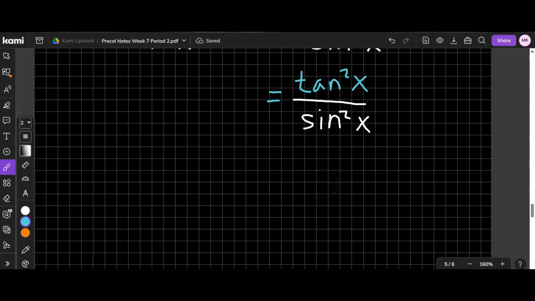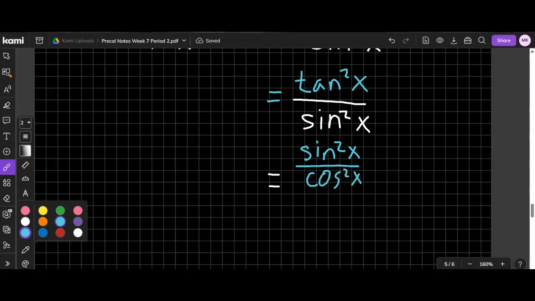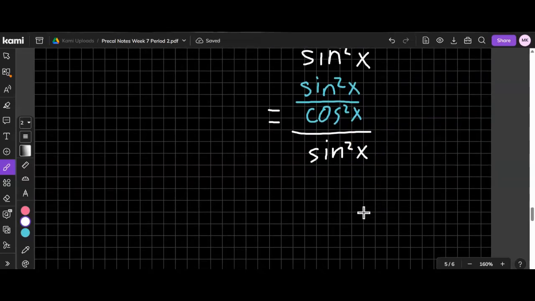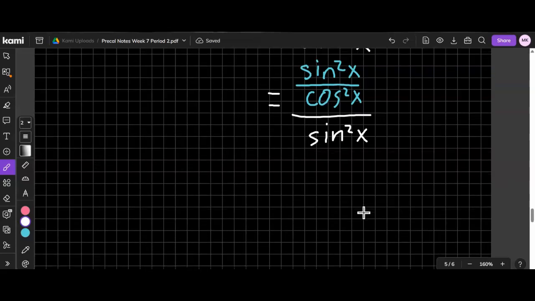So, taking that next step, we'll write the tangent squared of x as sine of x. Let me keep using blue. I like that blue color. So, we'll rewrite that as sine squared of x divided by cosine squared of x, all divided by the sine squared of x. And I'm sure that every single one of you have noticed we're dividing by a fraction, and when we're dividing by a fraction, we want to rewrite it as multiplying by the reciprocal.